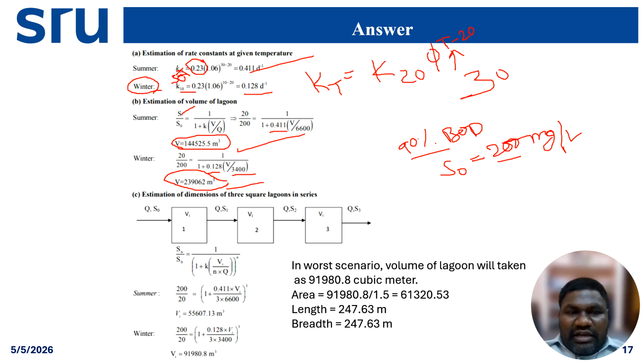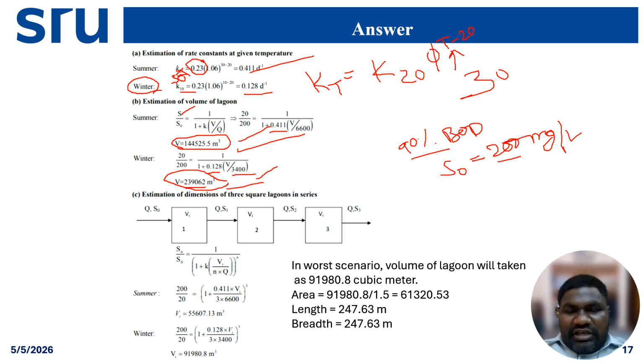That's why we are calculating the extremes, in summer as well as winter. If someone asks you to calculate the volume of a particular reactor or pond, it should be 2,39,000 meter cube. Why?